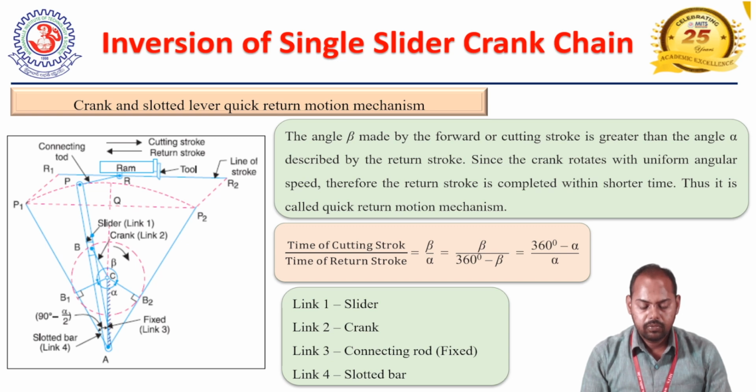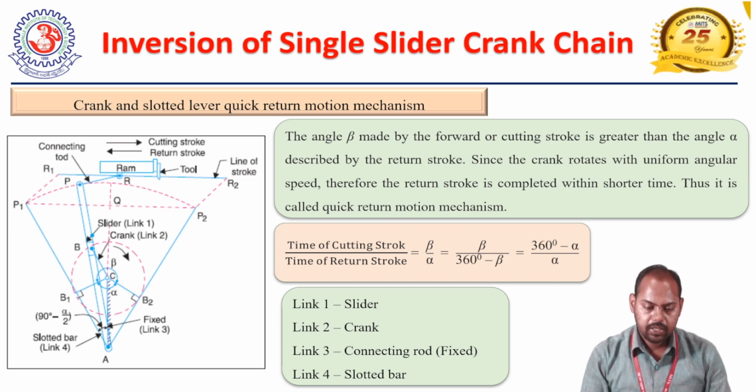So during the full rotation, one angle beta is made and one angle alpha is made as shown in the figure, and through the slotted bar a ram which is associated with the tool is connected, and this tool reciprocates with the use of the slotted bar, and such type of mechanism is widely utilized in shaper machines.